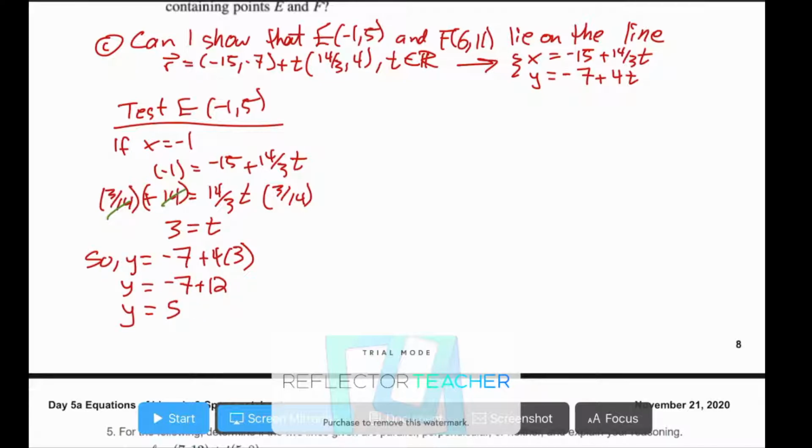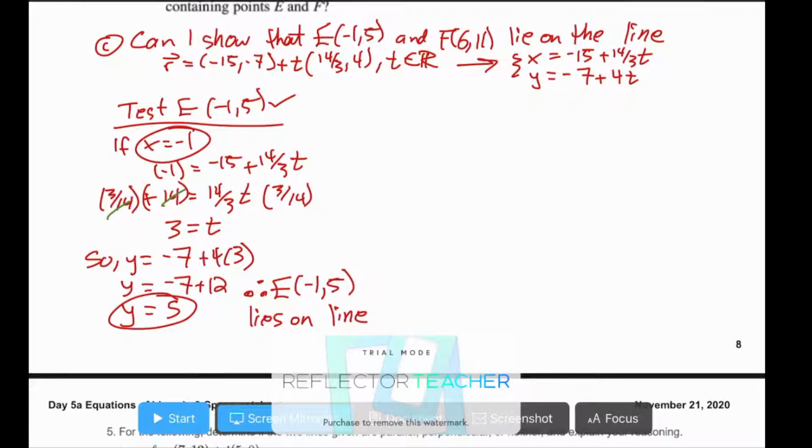Is that the result we were looking for? Yes, I wanted y to equal 5 when x is equal to -1. Confirmed. So, therefore, point E at -1, 5 lies on the line, just like we were hoping for.